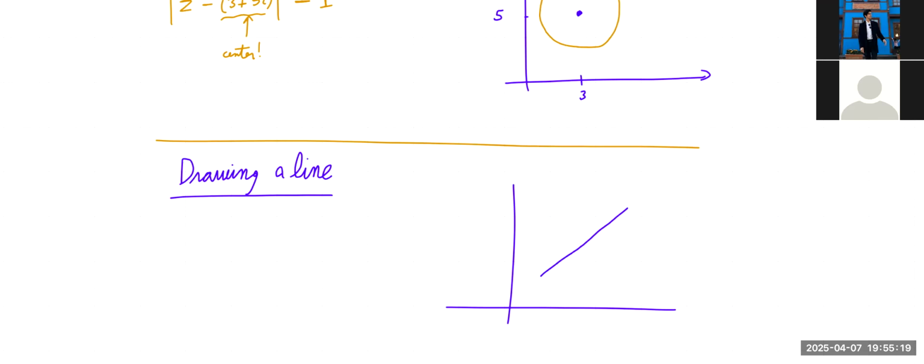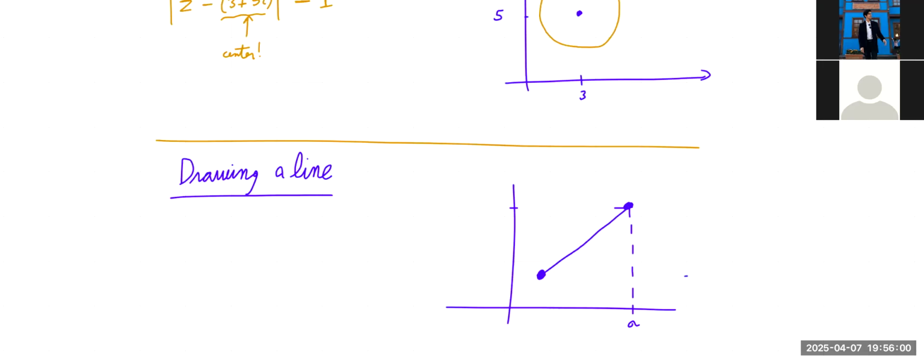So let's think about this. Let's say that this is a fixed point that you know of, and you want to draw a line from, yeah, so you want to draw a line basically from, okay, wait, let me redraw this.